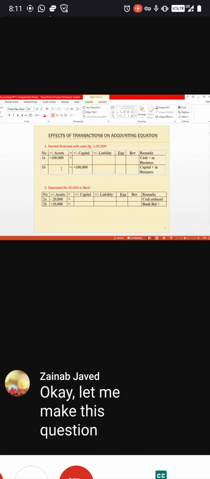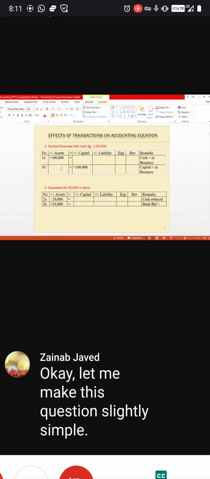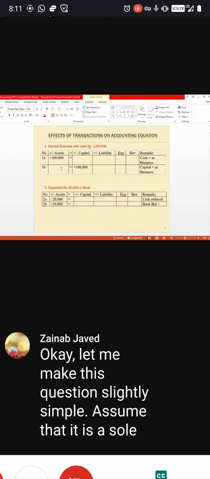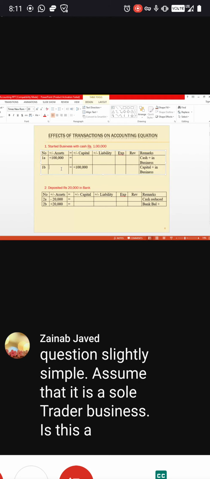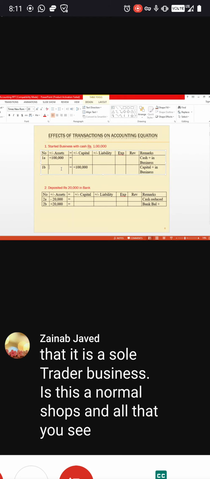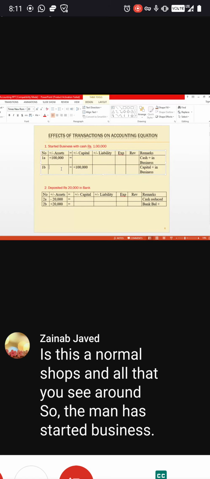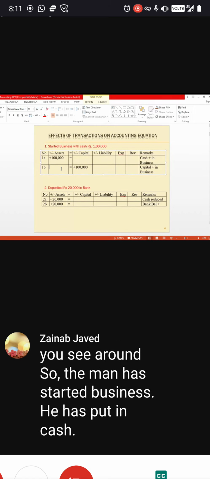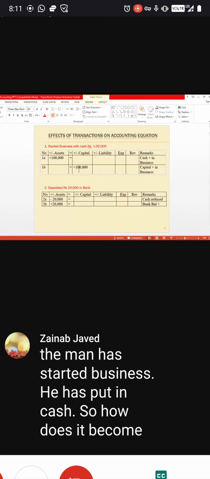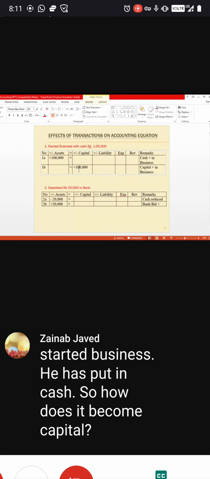Okay, let me make this question slightly simpler. Assume that it is a sole trader business, like the normal shops that you see around. So the man has started business. He has put in cash. So how does it become capital? Materiality concept.